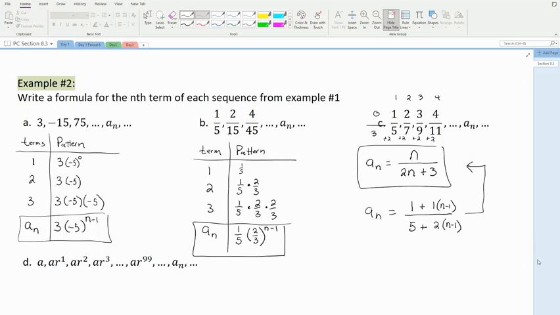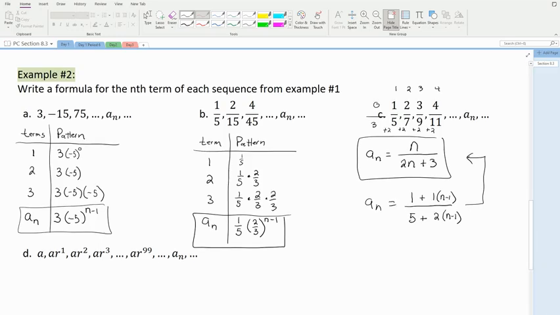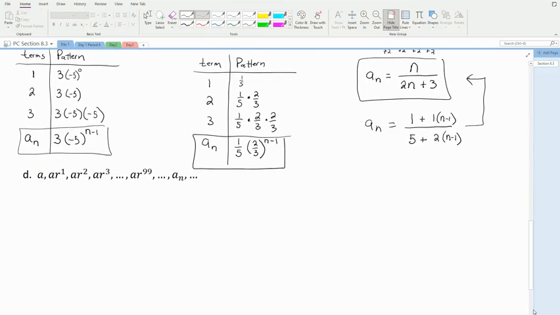And then finally, we have part D, which is simply us trying to figure out what the nth term is. And so when we look at this, of course, it should be of no surprise. As we've noticed, all we're doing is taking the first term. So the nth term is going to simply be the first term, the a.